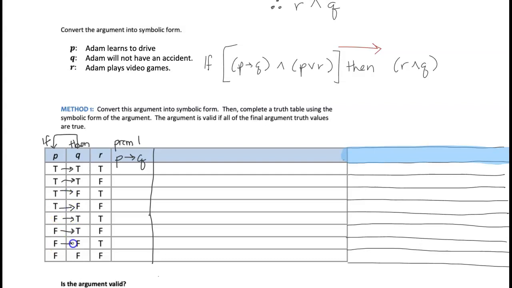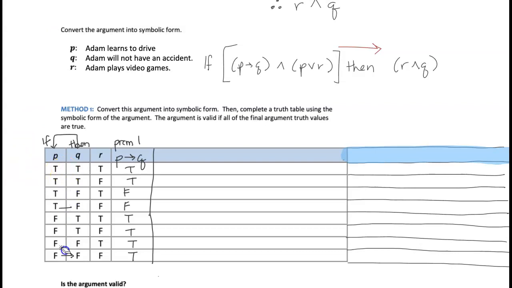We can determine the ones that give us a false truth value where we have a true antecedent and a false conclusion. That happens in case 3 and case 4, and the rest of the cases would end up with a true truth value.